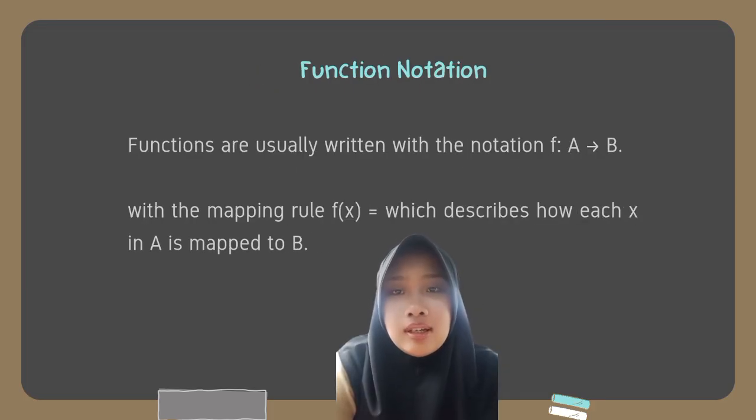Function notation. Functions are usually written with the notation f: A to B with the mapping rule f(x), which describes how each x in A is mapped to B.